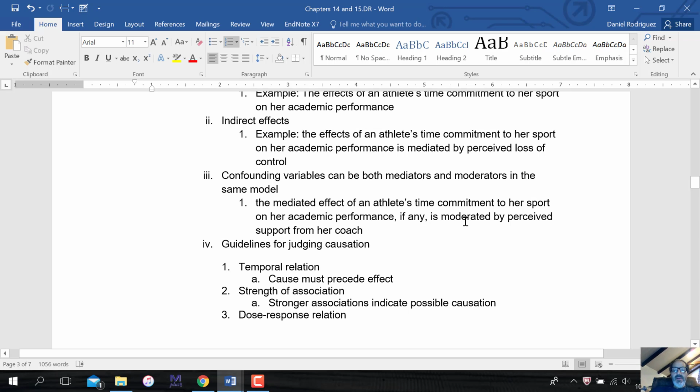In this case, I was saying perhaps there's moderation occurring, like the moderator could be something like coach support. Among athletes who have a lot of coach support, the effect of time commitment on academic performance may still occur through perceived control, but it may be different than the effect among those who have no coach support.